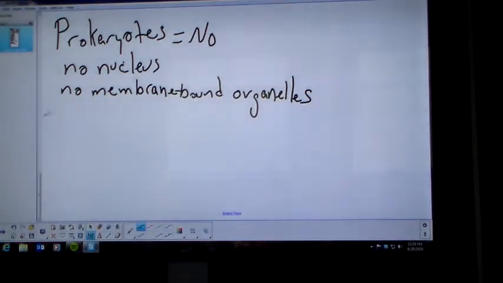Alright, your prokaryotes are unicellular. Which means what? What's unicellular mean? One cell. So just made up of one cell. These are your bacteria, that type of stuff you cannot see with your naked eye.